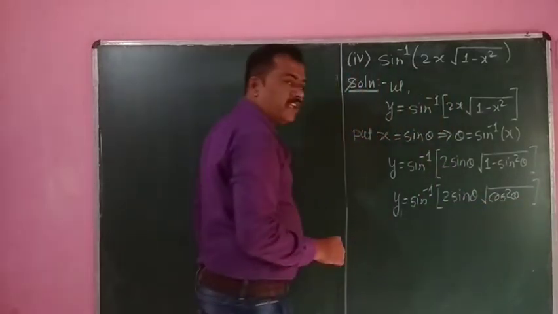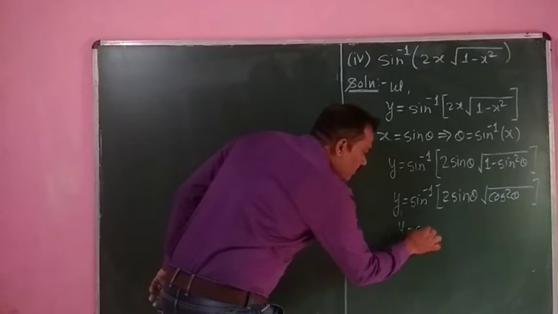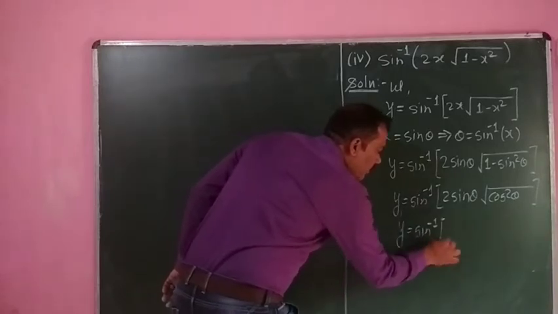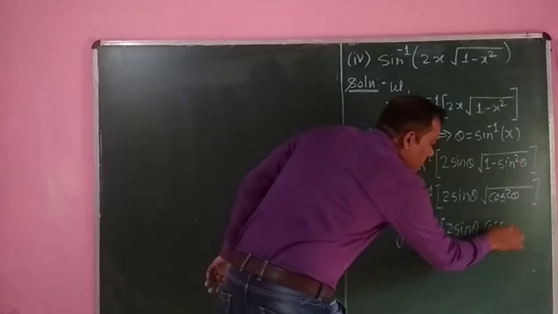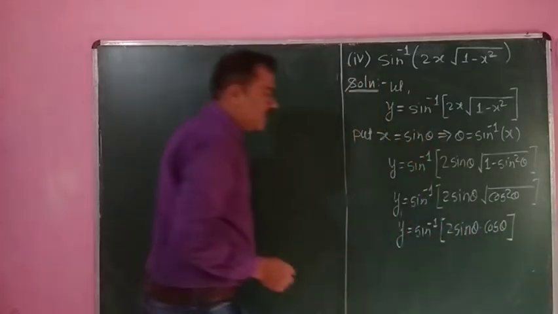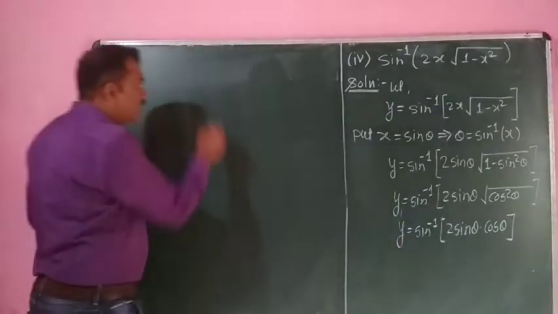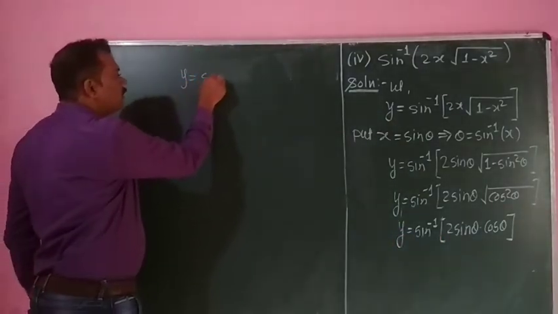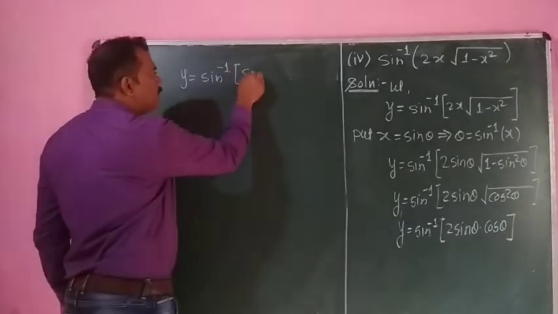The square and square root get cancelled, so we get cos theta. That is, y is equal to sin inverse of 2 times sin theta into cos theta. 2 times sin theta into cos theta is nothing but sin of 2 theta. So y is equal to sin inverse of sin 2 theta.